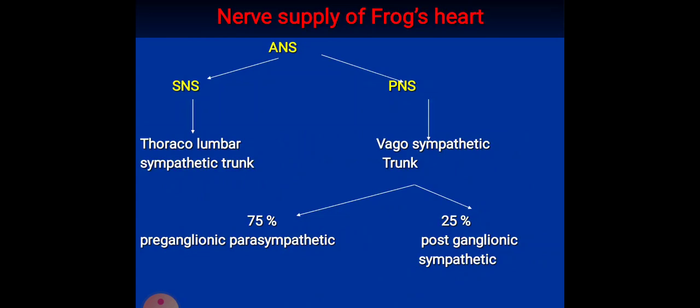If we stimulate the vagosympathetic trunk, 75% adrenaline, also called epinephrine, and 25% acetylcholine will be secreted. Adrenaline has all positive actions: positive chronotropic, dromotropic, bathmotropic, and inotropic. Chrono means rate, so increased rate. Dromo means increased conduction.